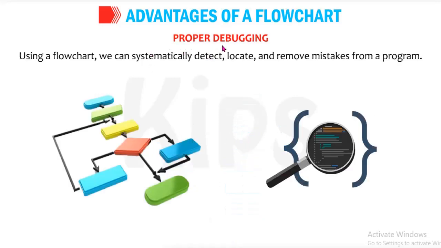Next one is proper debugging. What do you mean by debugging? Exactly, finding the errors. Using a flowchart, we can systematically detect, locate, and remove the mistake. So three things: detect where is the problem, locate where it is, and easily remove that error from that program.